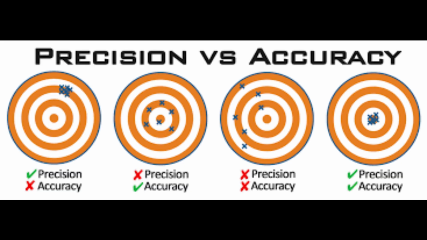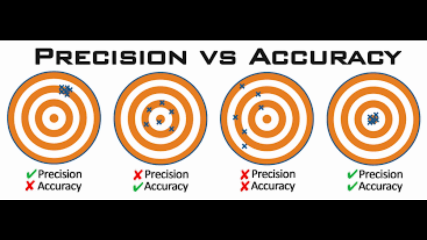These are the examples. Sometimes the values are far from each other, so in the first diagram you can see low precision and low accuracy. Sometimes the measured values are close to each other, but far from the targeted value, so that is high precision and low accuracy.